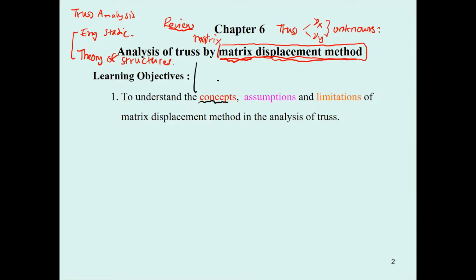If you consider the truss as joined by linear small pieces of members, most of the trusses are connected by a pin. So the joint of the truss is a pin, theoretically a frictionless pin.